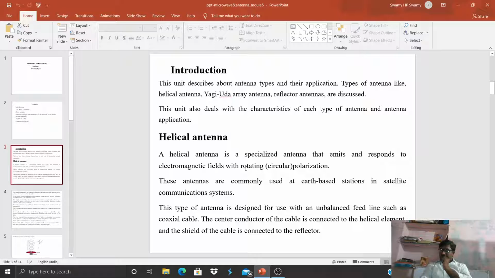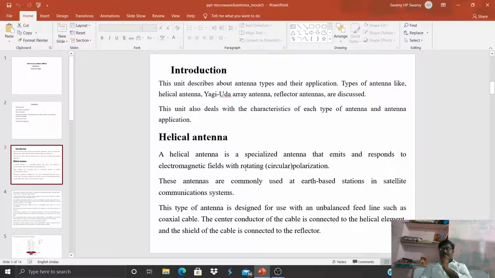This type of antenna is designed for use with an unbalanced feed line such as coaxial cable, whereas in a thin linear antenna you have to give the input energy by using a balanced transmission line, and you have to feed this balanced transmission line at the central point of the antenna system.